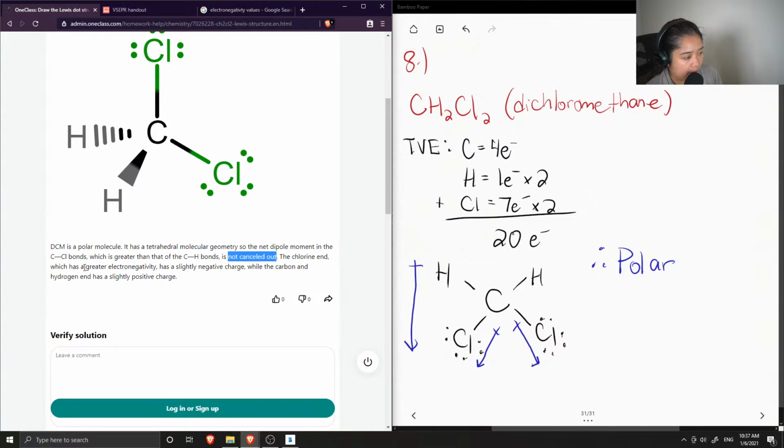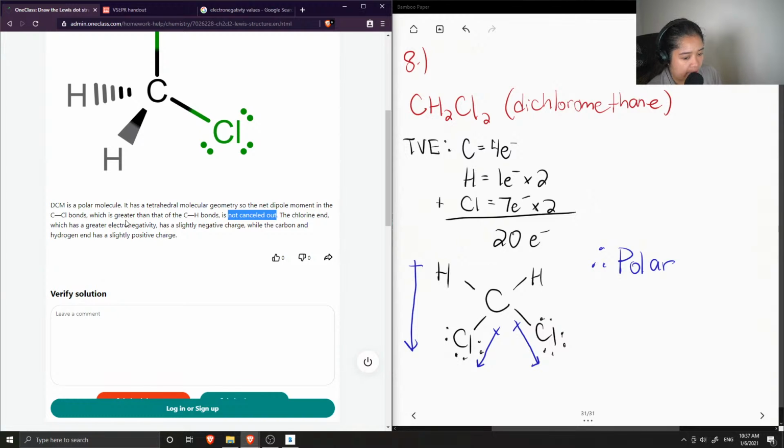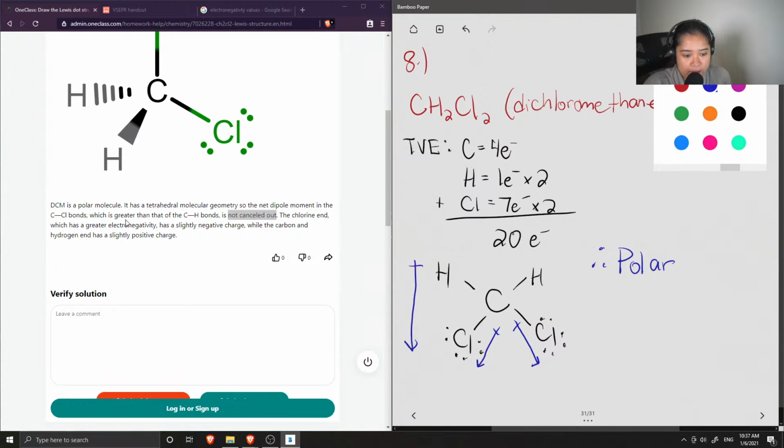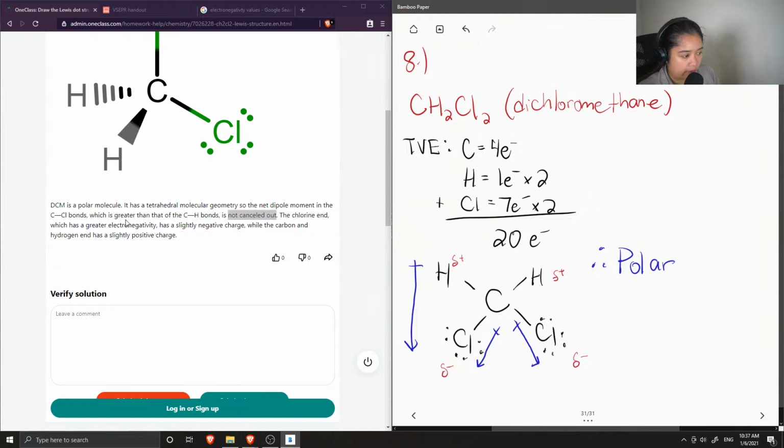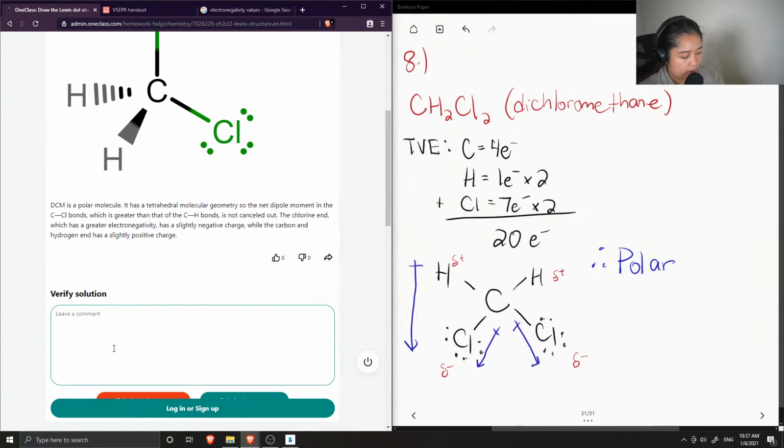The chlorine end, which has a greater electronegativity, has a slightly negative charge, while the carbon and hydrogen end has a slightly positive charge. So we can show that on the molecule, how the side that has the two chlorines is partially negative, and the side with the two hydrogens is partially positive. So this solution is correct.